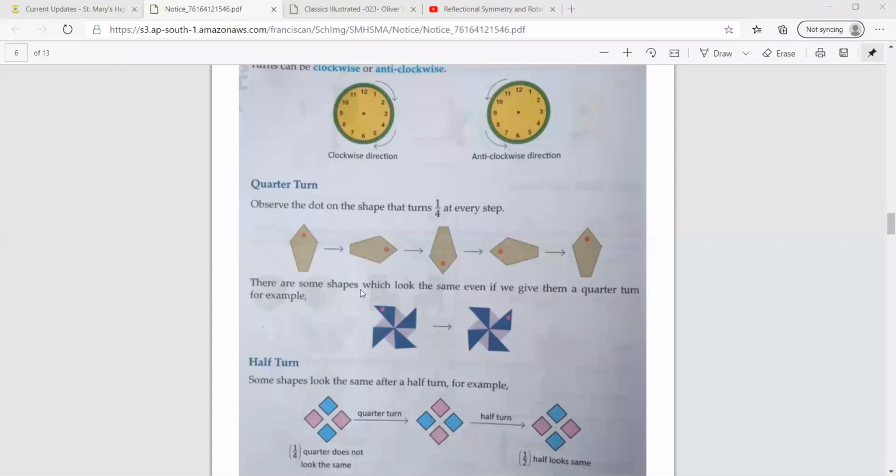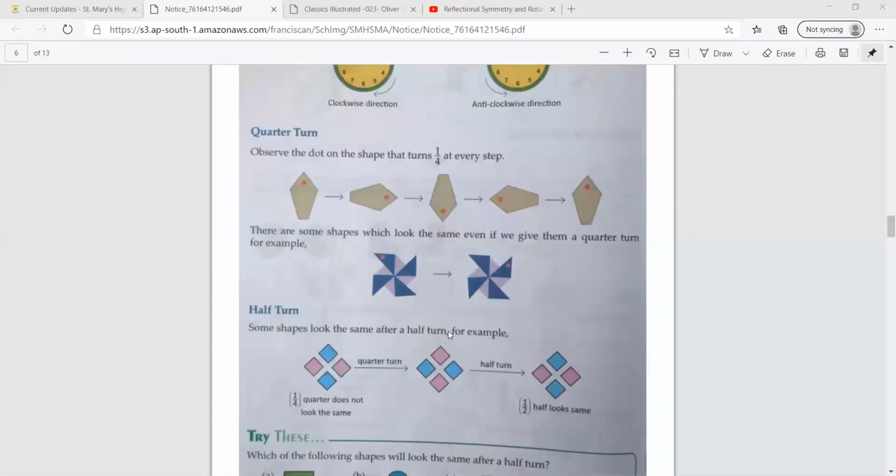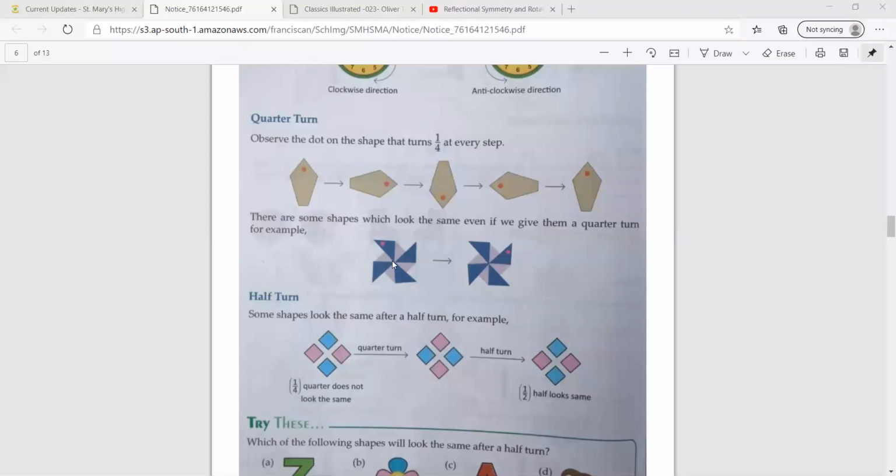There are some shapes which look the same even if we give them a quarter turn, for example. So this shape, to look like the original shape, you had to take 4 quarter turns. Then you got the original shape. But some pictures are there that even if you give them 1 quarter turn, even if you turn it 90 degrees, both look the same.